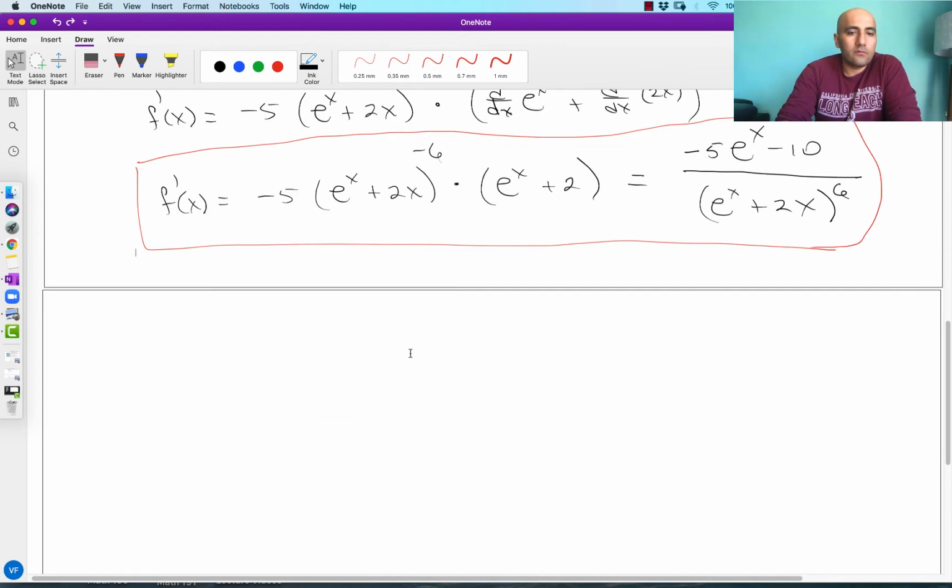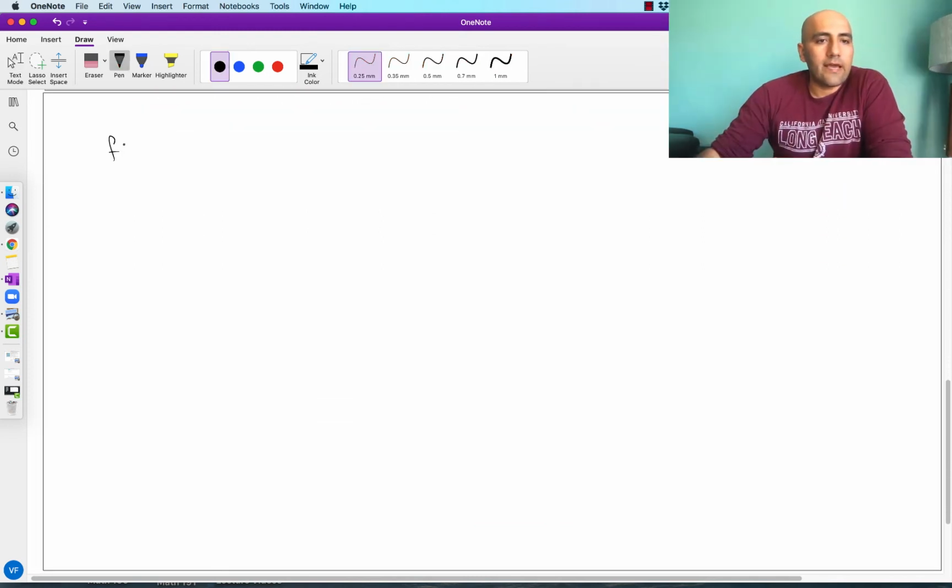All right, let's try one more. Say f of x is equal to the cube root of x squared plus the square root of x. Well, that's fun. Okay, so one thing we could do is, again, think of this ugly thing inside here as our inside function.